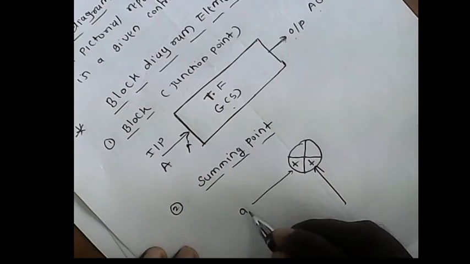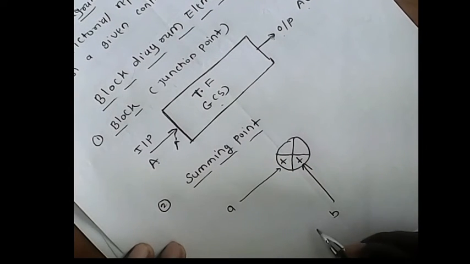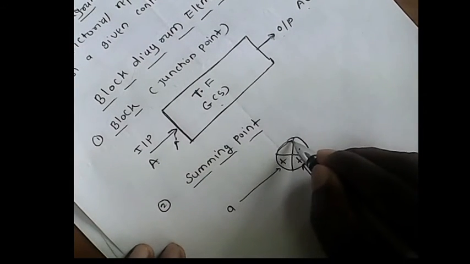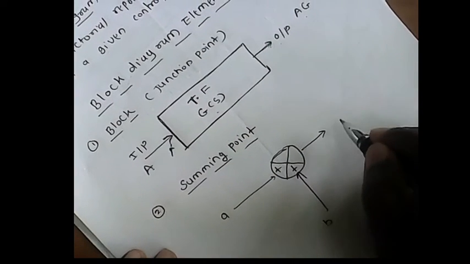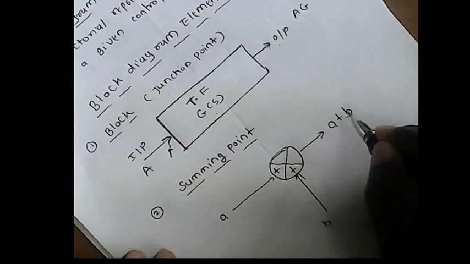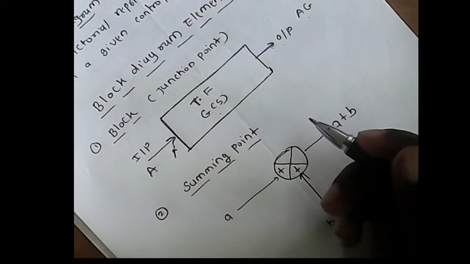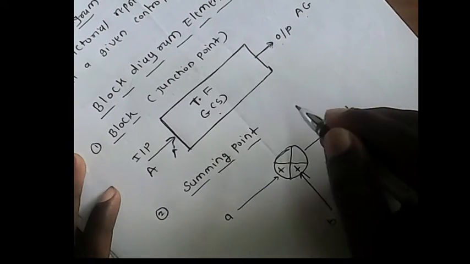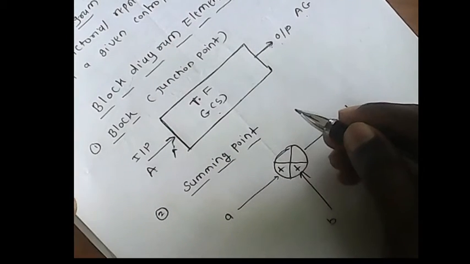Suppose A is an input signal and B is another input signal to this summing point; the output of these two signals is A plus B. So a summing point adds or subtracts two or more signals; it is a combining point, adding point, or subtracting point.